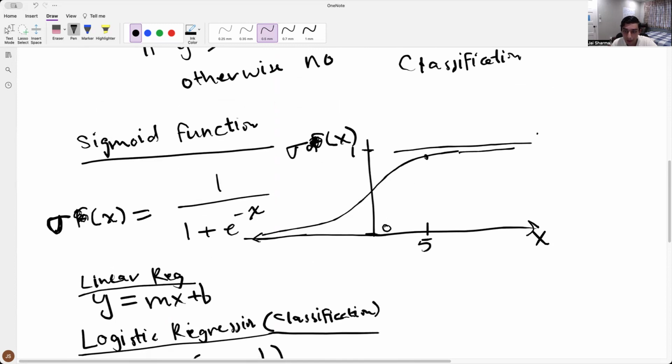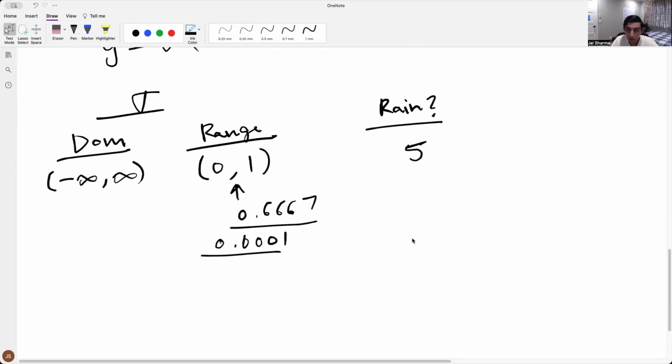How do we get this? We did mx plus b. Whatever our x value was, whatever m and b are, we're assuming that m and b are given to us, and we're taking a new example x, and that has given us 5 somehow.